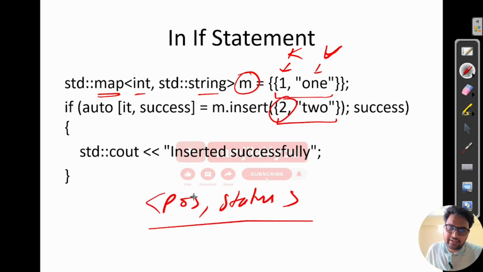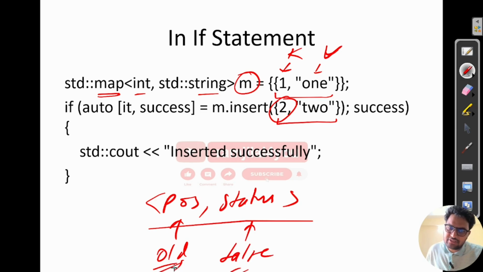If it fails, it means the key is already there in the map. That pair with that same key is already there in the map. So it will return the old position, the already inserted key position, and the status would be false.